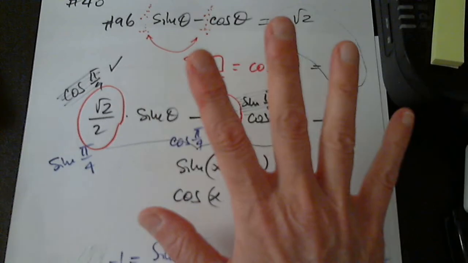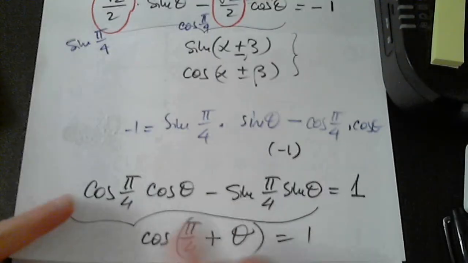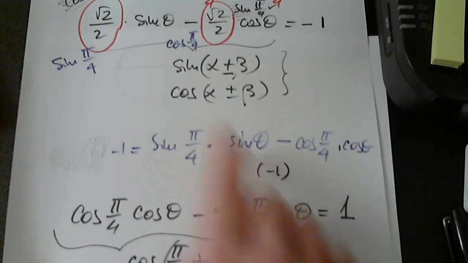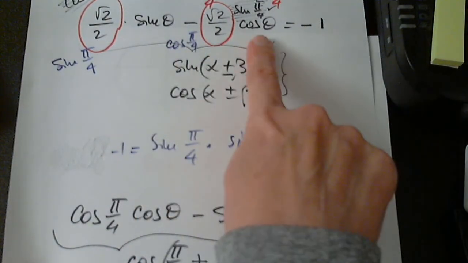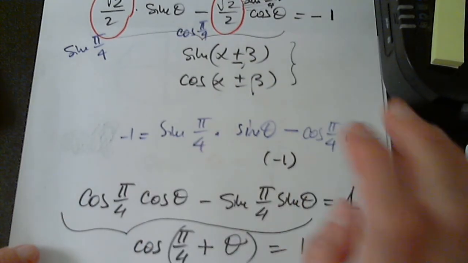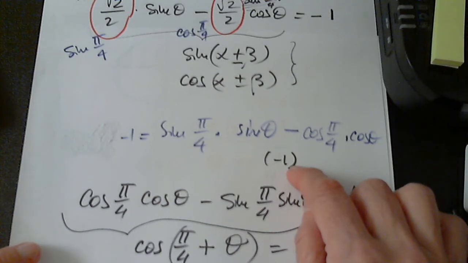And now here's what we have: sine, sine, minus cosine, cosine. We wrote the same equation one more time: sine pi over 4 sine theta minus cosine pi over 4 cosine theta. Because this is not the formula, and it's not in the correct order, I multiply both sides by negative 1.